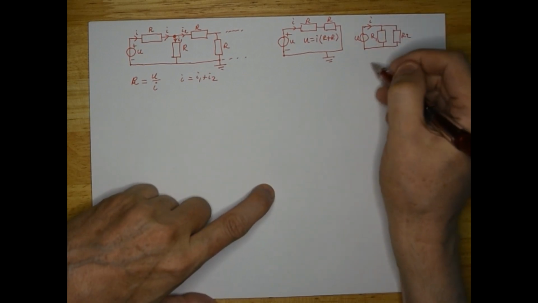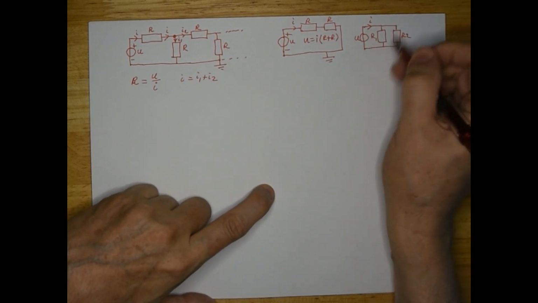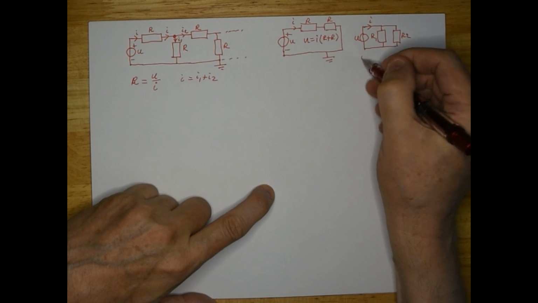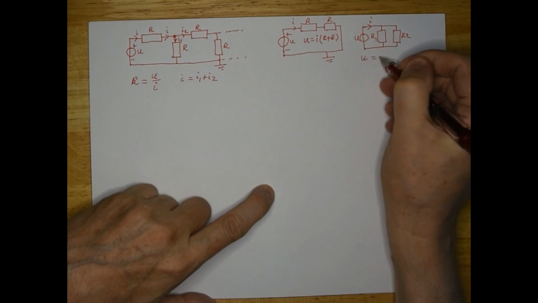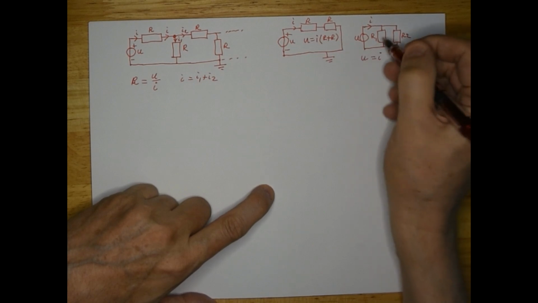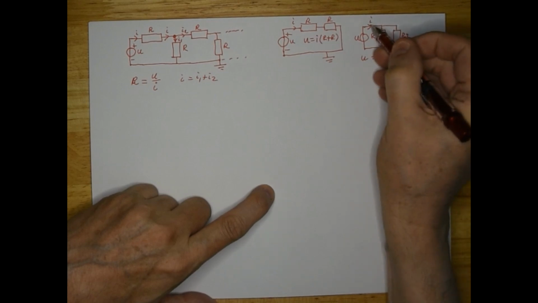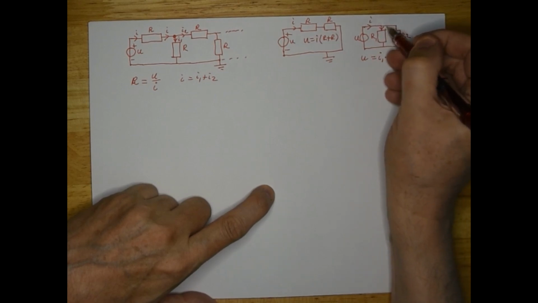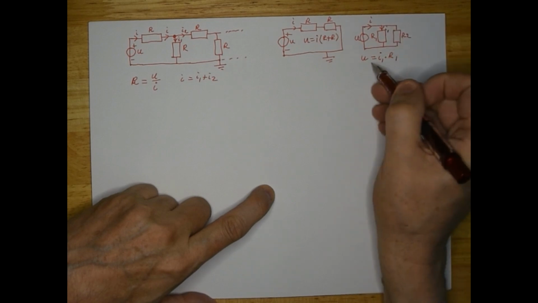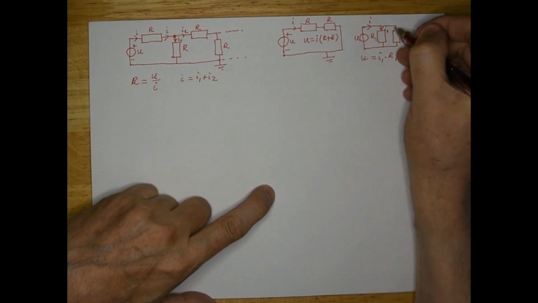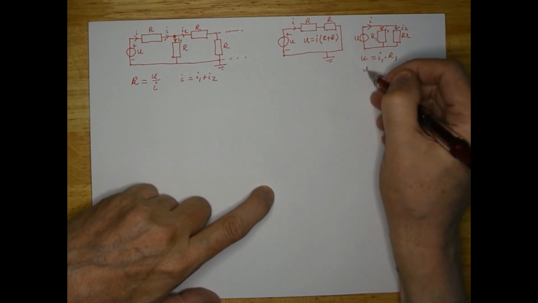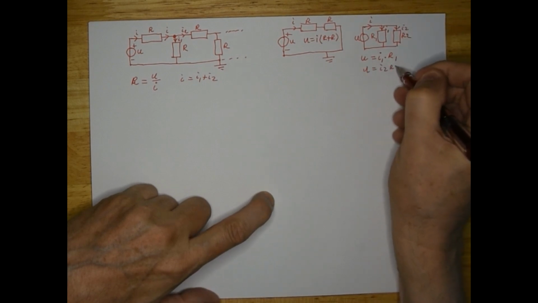And we can see that, again, according to Ohm's law, U equals I1 times R1, right? If you have an I1 here, it will be I1 R1. Same for here, if you have an I2 there, you can say U equals I2 R2.